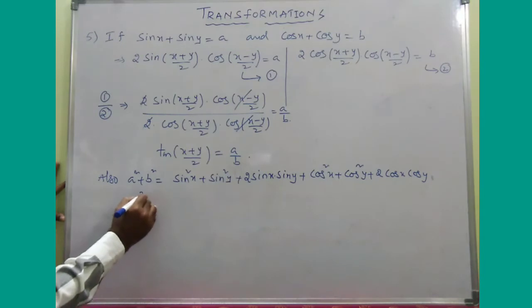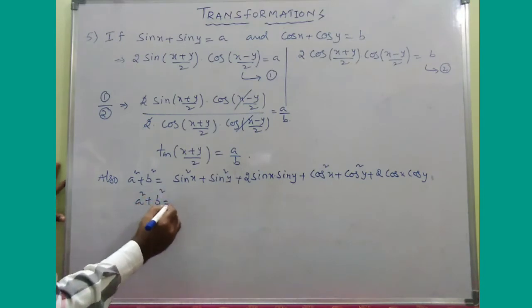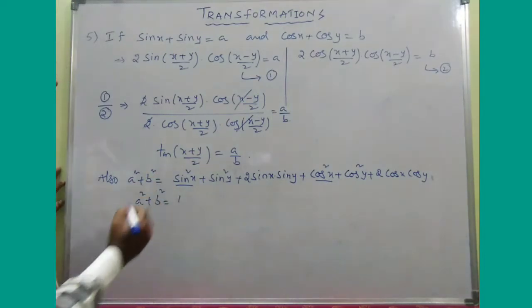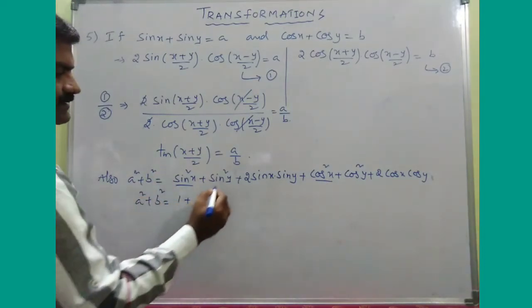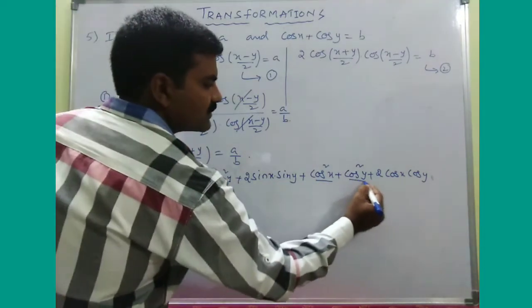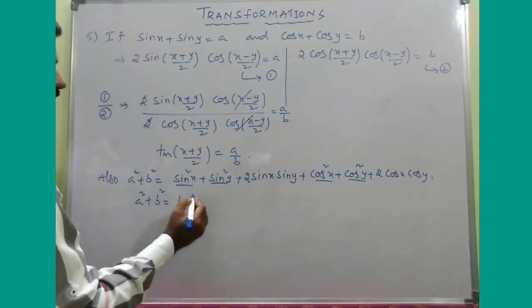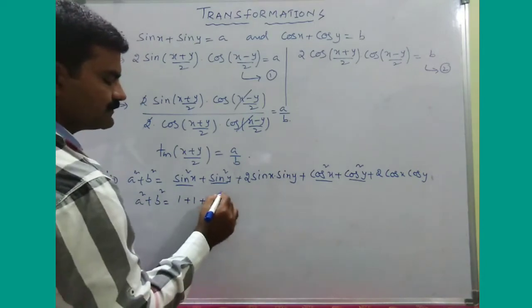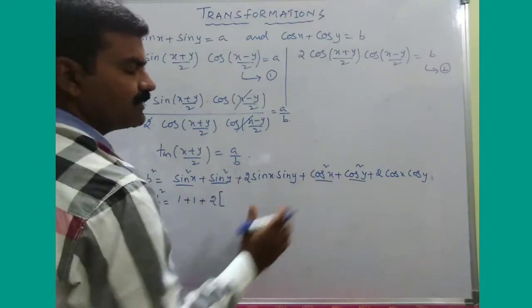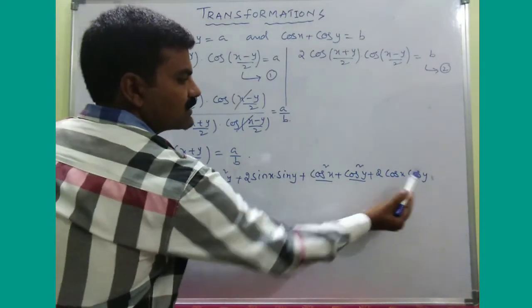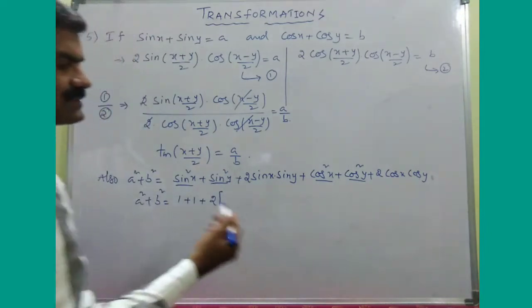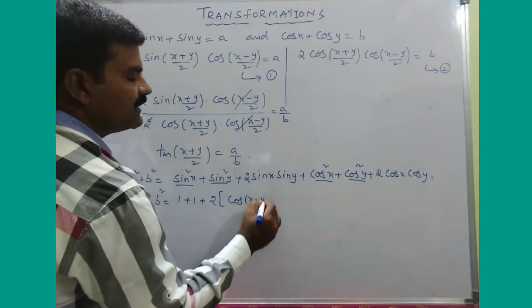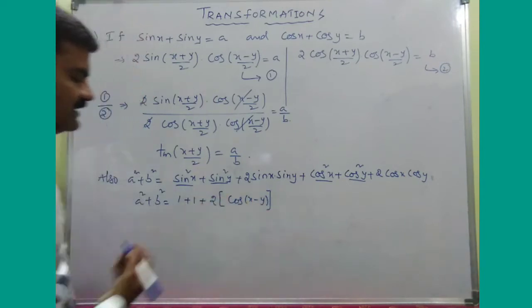So from this I can write that a square plus b square is equal to, look at my sin square x plus cos square x, which is nothing but 1, and plus sin square y plus cos square y, which is also 1, and plus, if you take 2 common, cos x into cos y plus sin x into sin y. I think that is cos of (x minus y), isn't it?